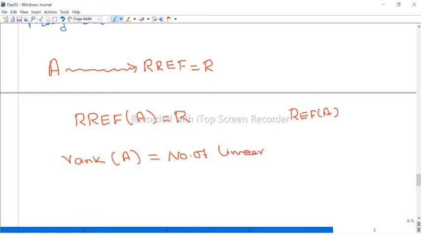It is not the number of non-zero rows, so don't confuse the two. In a matrix A, how many rows are linearly independent? The word linearly independent is not clear here, so don't use this definition now.